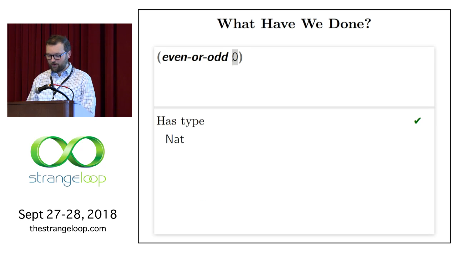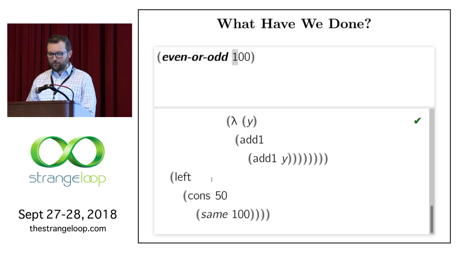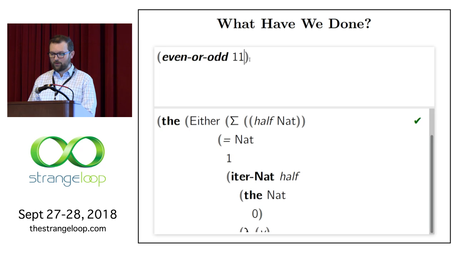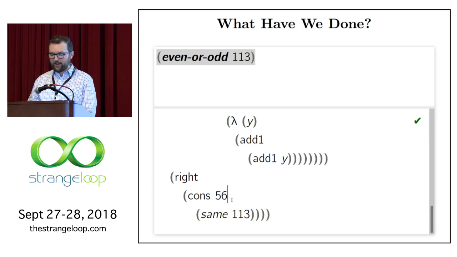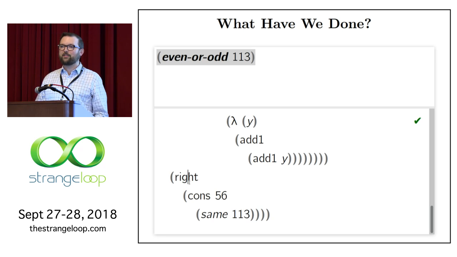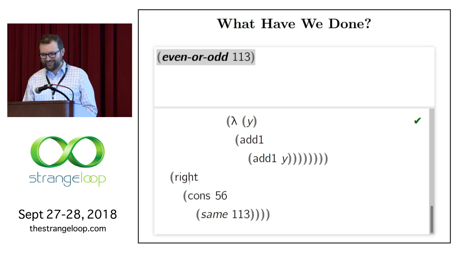If I say even or odd of 100, then we get back that, well, yeah, it's even, and half of it is 50. What if I say 113? Well, then we find out that it's odd, and almost half of 113 is 56. In other words, the proof that every number is even or odd is something that determines the parity and figures out how to cut it in half. I think that's pretty neat.